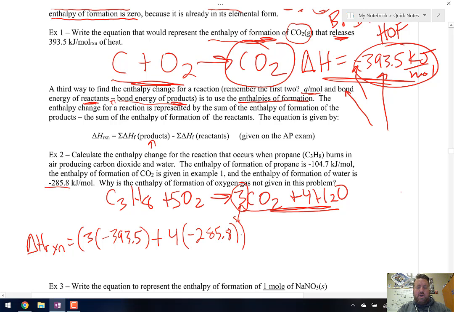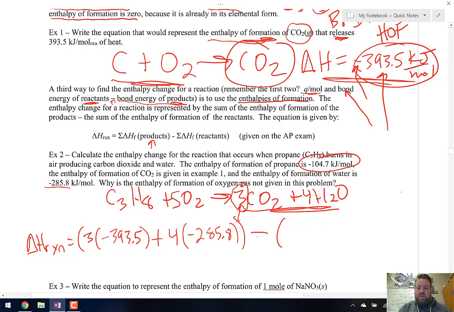Okay, and that's our products, minus the enthalpy of formation of the reactants. So it's products minus reactants. Well, one reactant is C3H8, and they tell us that that is negative 104.7.